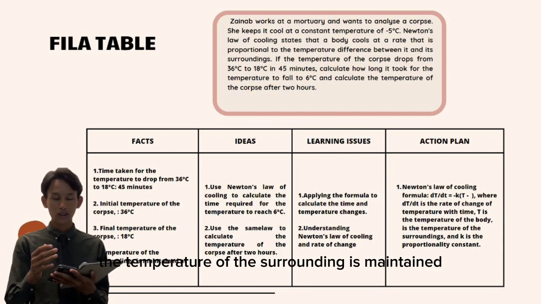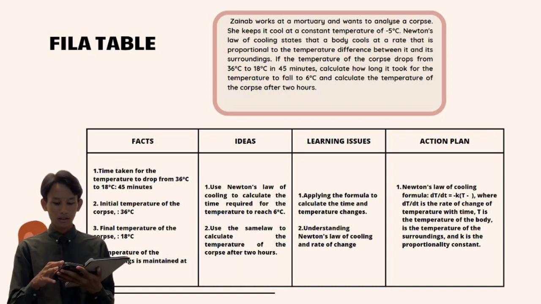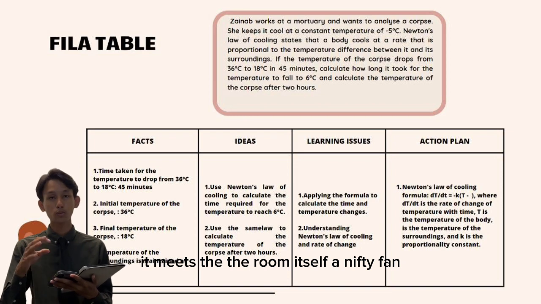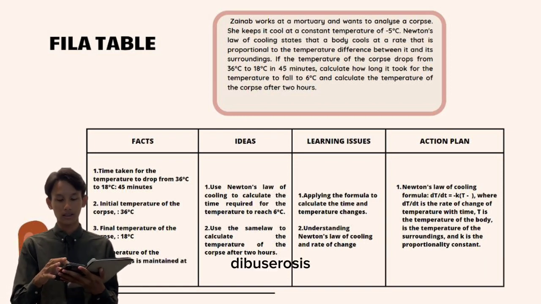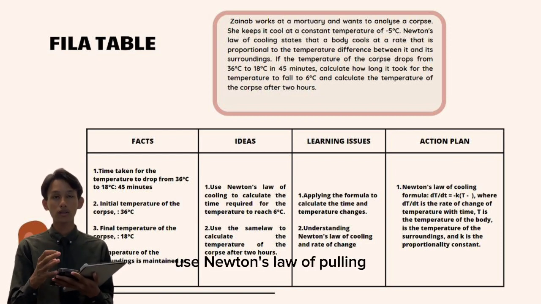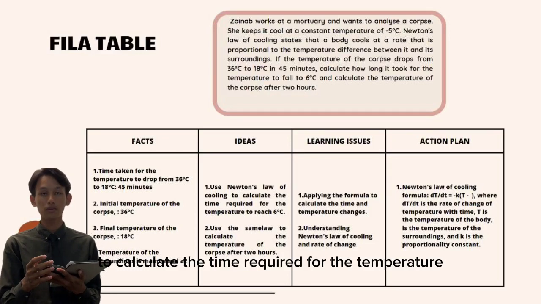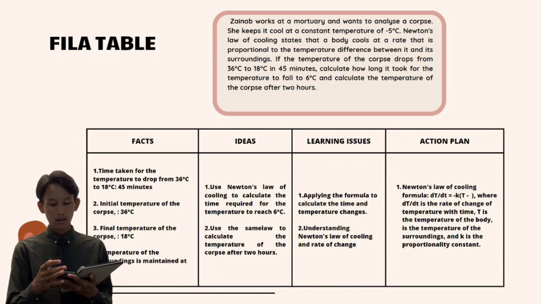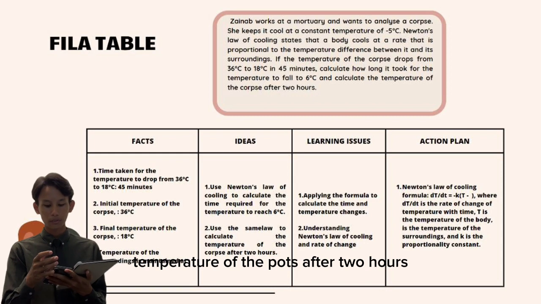The temperature of the surrounding is maintained at -5 degrees Celsius. It means the room itself is -5 degrees Celsius. And the ideas: use Newton's law of cooling to calculate the time required for the temperature to reach 6 degrees Celsius. Use the same law to calculate the temperature of the corpse after 2 hours.